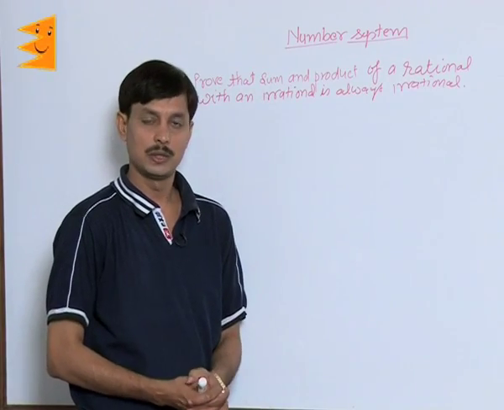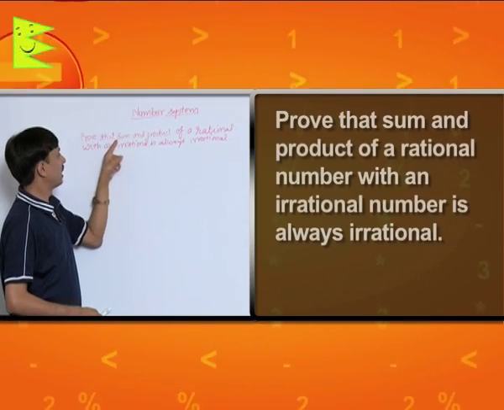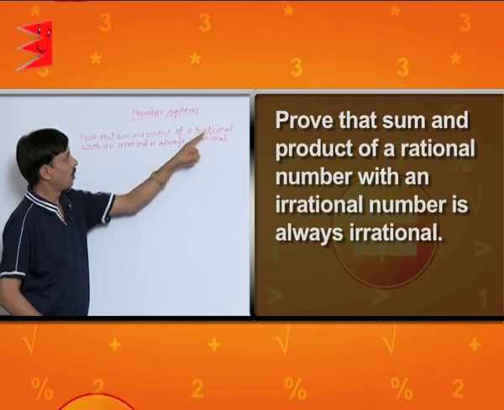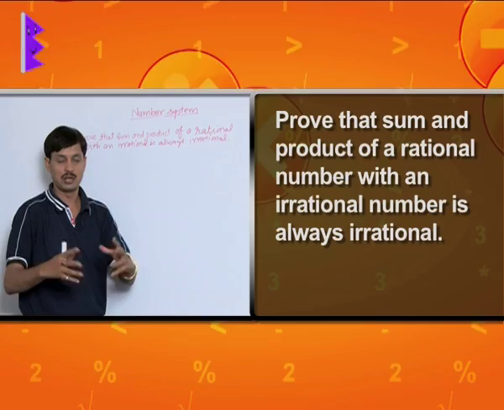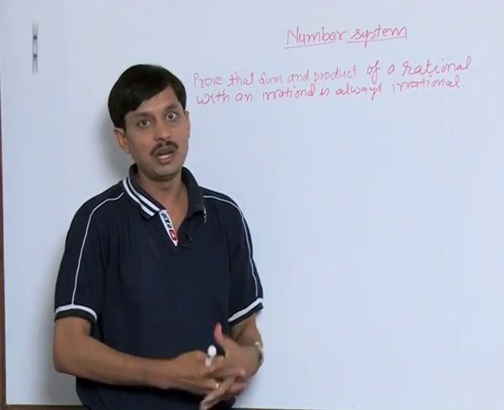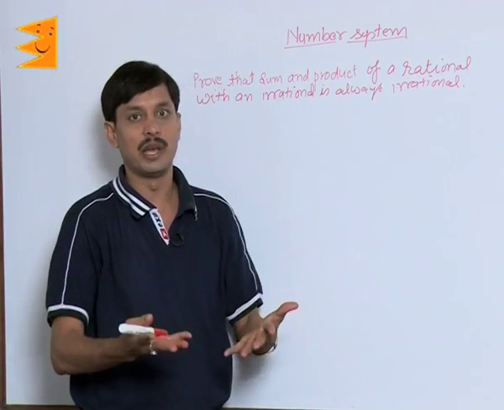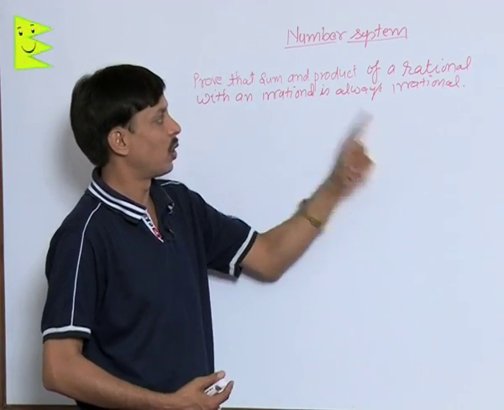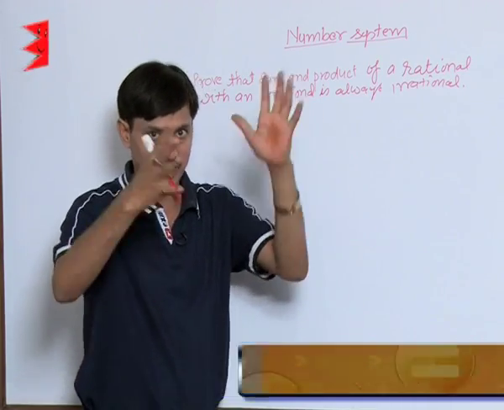Now another important question where we will prove that the sum as well as the product of a rational with an irrational is always irrational. So what the question wants is that if you have a rational number and an irrational number, and you find the sum and product of a rational with an irrational, the result is always irrational.